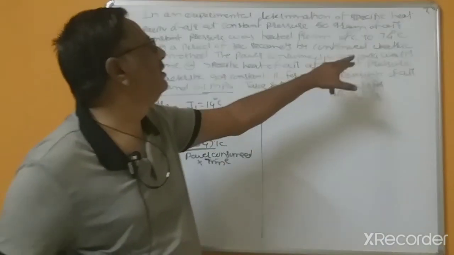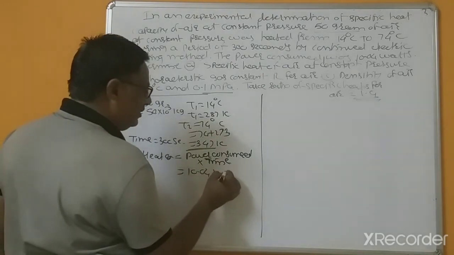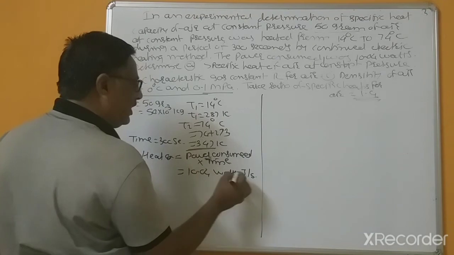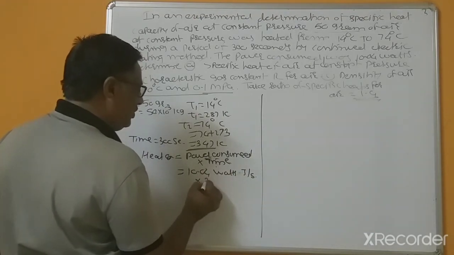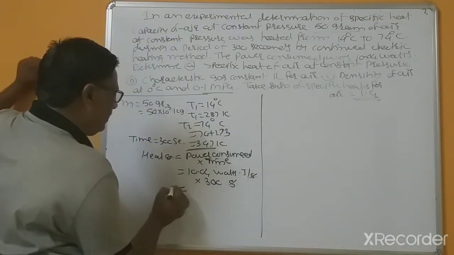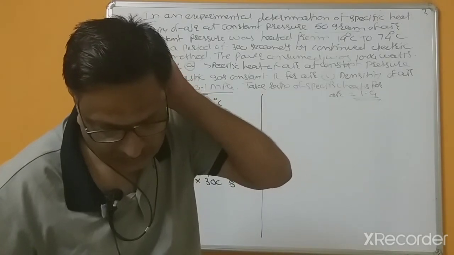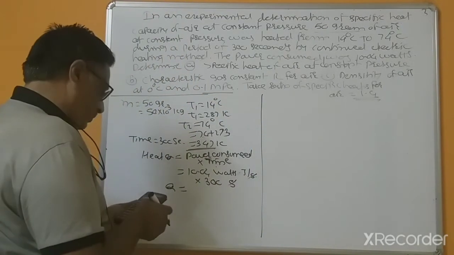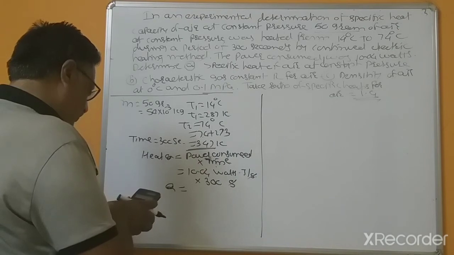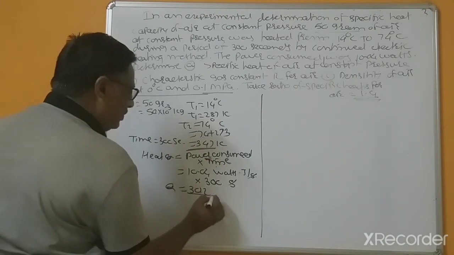See its unit: watt is nothing but joule per second, and time is 300 seconds. The second gets cancelled, and you get Q equal to 10.04 multiplied by 300, which equals 3012 joule.